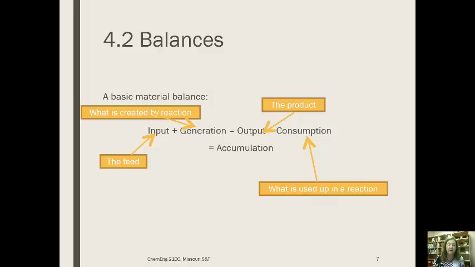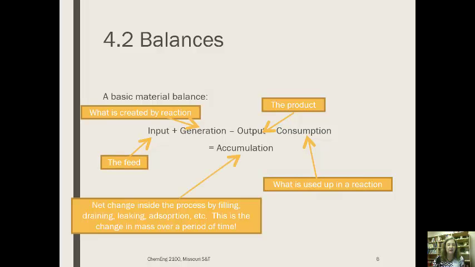Generation is created by reaction, consumption is used up by reaction. The accumulation is the piece that is the net change inside the process. So maybe you're filling something or draining something, or something is leaking, or something is being absorbed onto a surface somehow. Whatever the technique is, the accumulation is going to be a change in mass over a period of time.